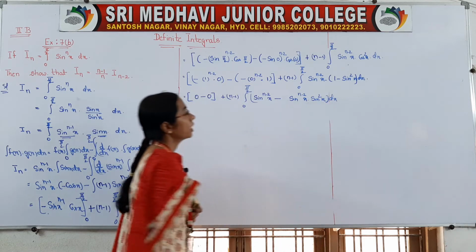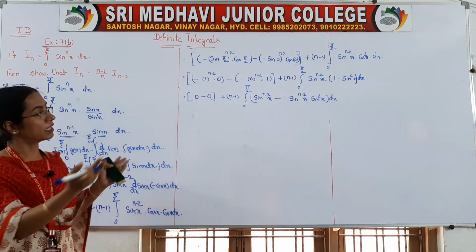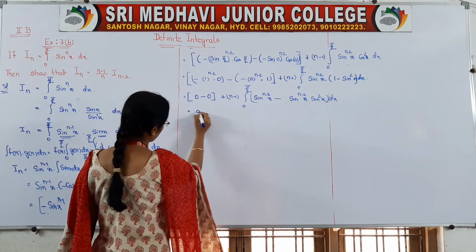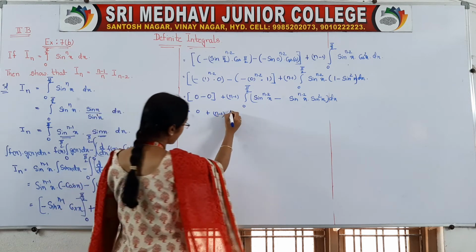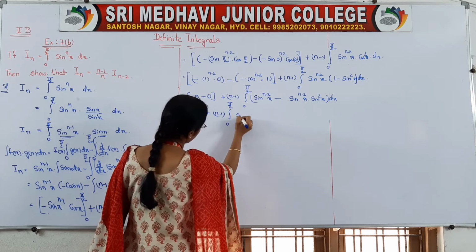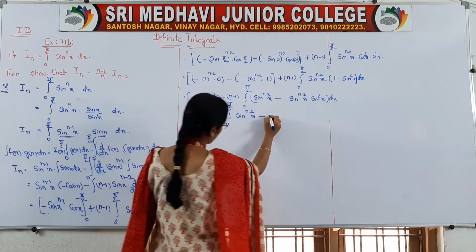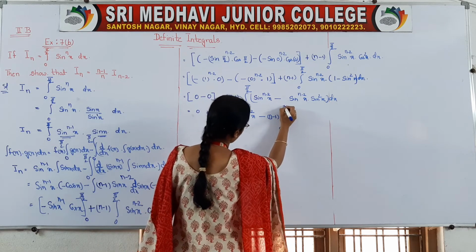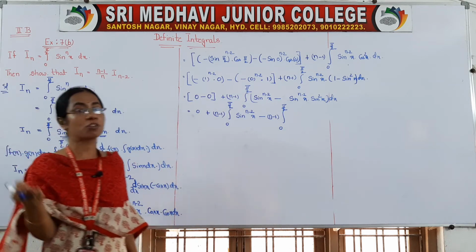Okay, so whenever inside the integral plus or minus is there, we have to take separate integrals, right? So this is 0 plus n minus 1, take the integral separately. Integral 0 to pi by 2 sin of n minus 2x minus, take n minus 1 outside, integral 0 to pi by 2, a to the power of m into a to the power of n.